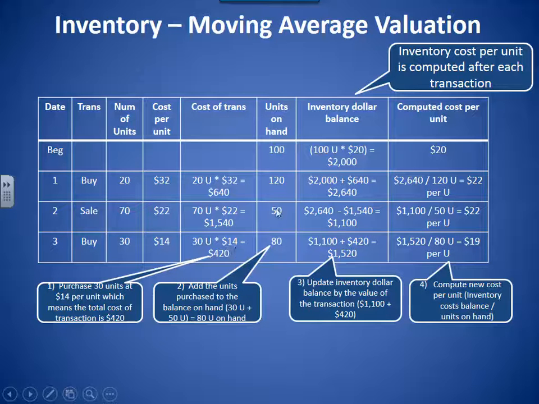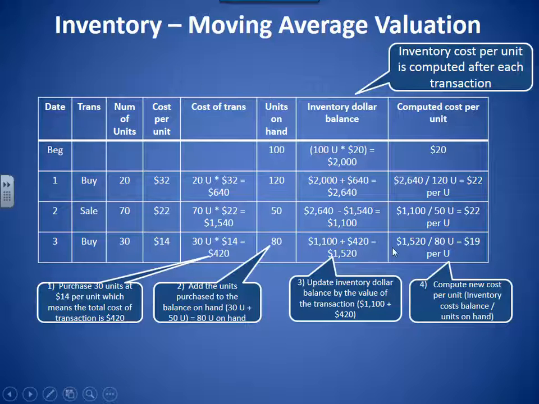Remember that we bought 30 units. We had 50 units on hand previously, and we had a 30 unit purchase. So now we have 80 units on hand after this transaction. Remember, our previous inventory dollar balance is $1,100, so we start off with that, plus the $420 transaction. So now our inventory balance equals $1,520.